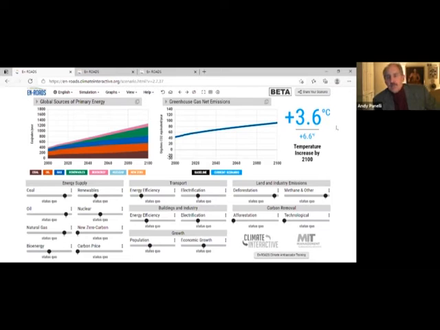If we do that, Janice, give me your best guess as to what you think the impact on our end of century temperature of 3.6 degrees would be. Would it be like a tenth or 2/10 or a whole degree centigrade? What's your best guess on that?